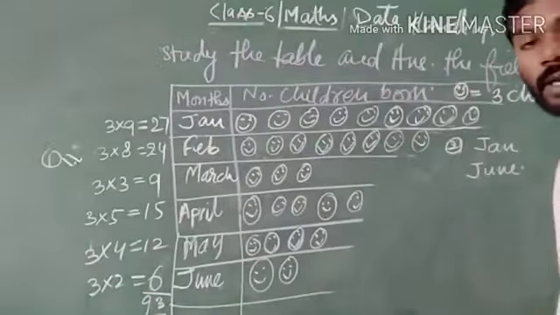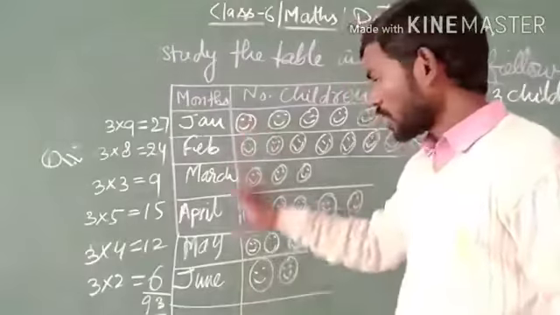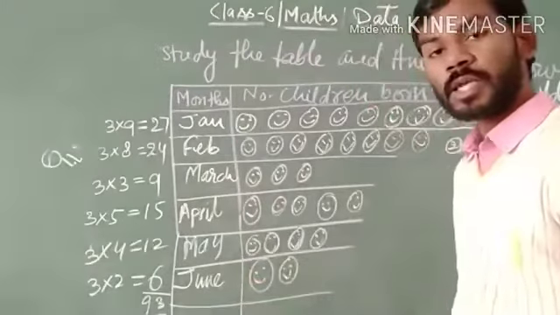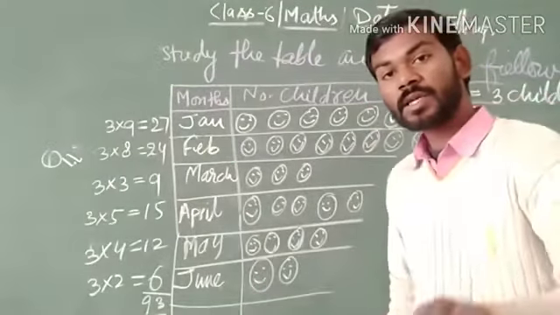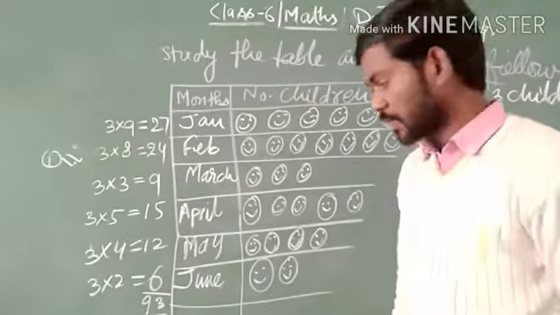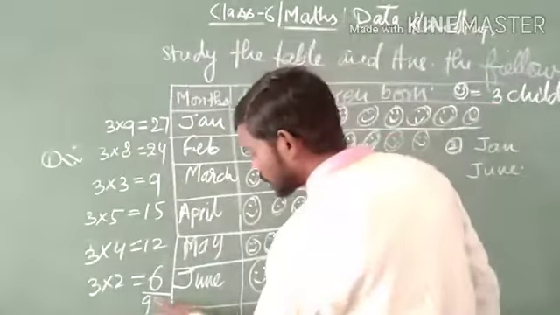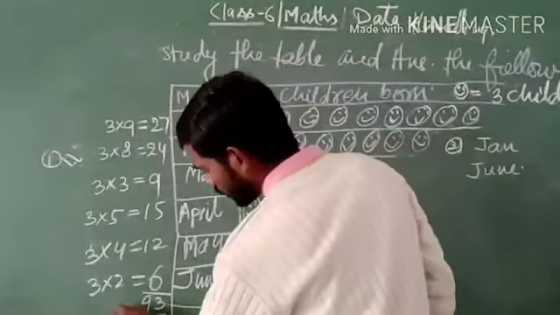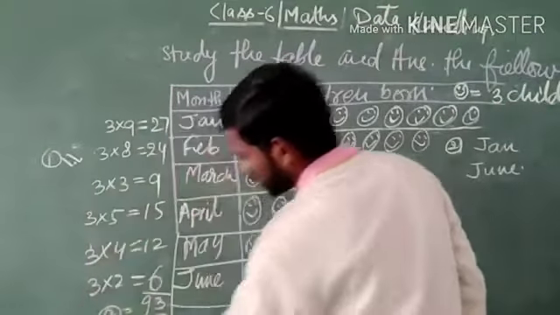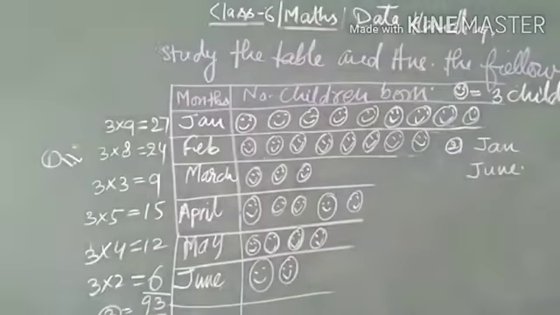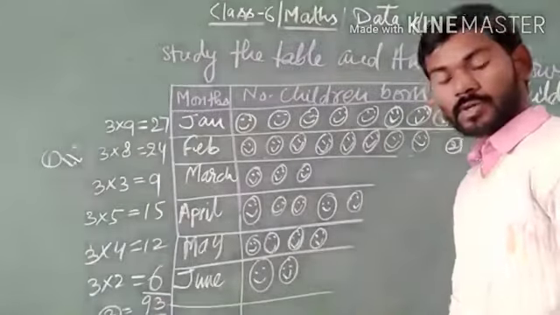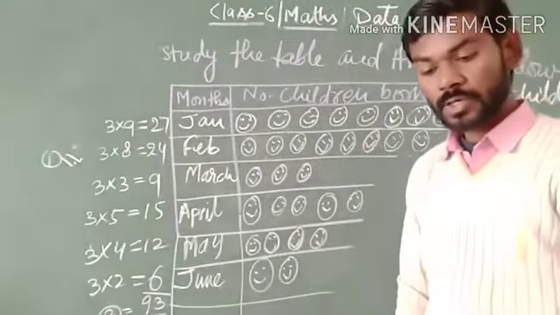Therefore 93 children were born in all these 6 months. So this is the answer to question number 3. Students, I hope it is also clear.